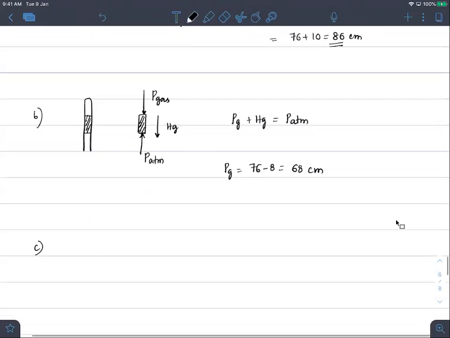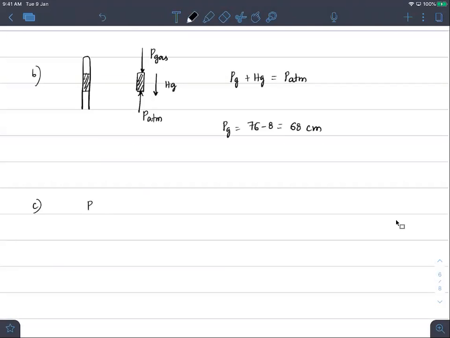Third part, we know the pressure of gas. Now this is slanted with an angle theta, and there is a gas inside. You can see pressure of gas acting from this end, mercury acting from this end, and pressure of ATM acting from this end. So pressure of gas is being balanced by pressure because of mercury and pressure because of ATM. For the mercury, only the sine component will act.